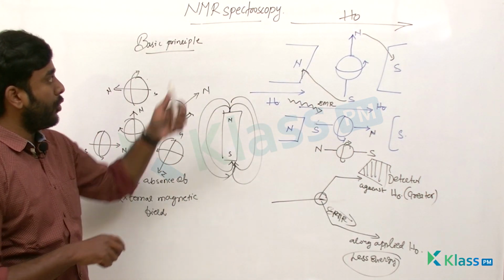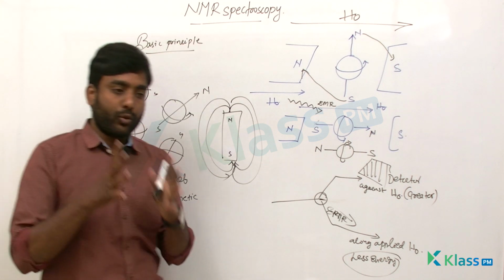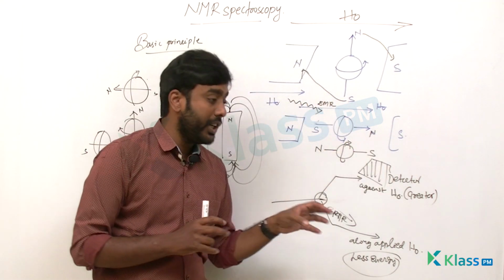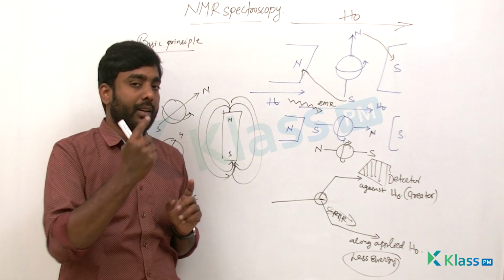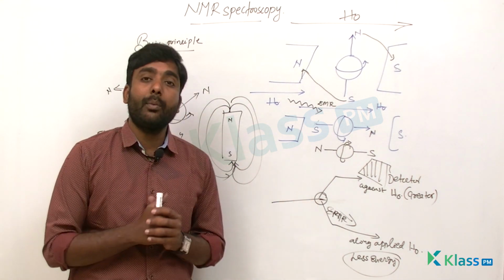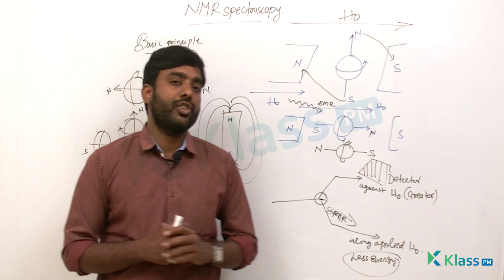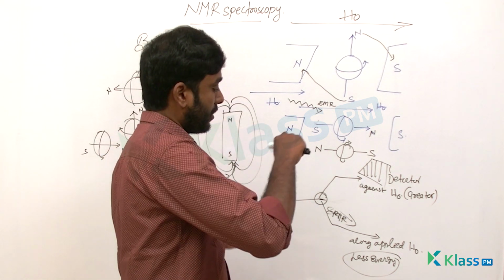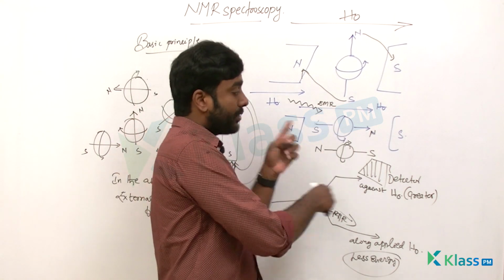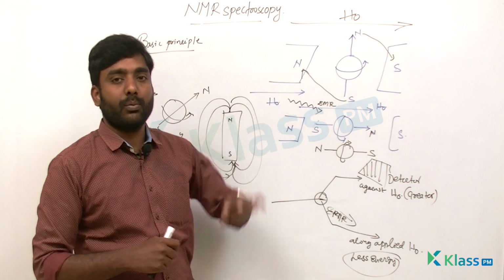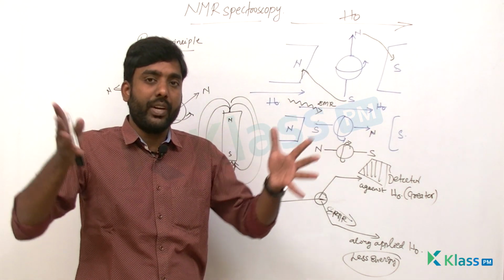I hope you understood what resonance is. Resonance means when a nucleus which has spin along the applied magnetic field absorbs energy from the electromagnetic radiation, it changes its orientation against the applied magnetic field. That is called resonance, the same frequency.